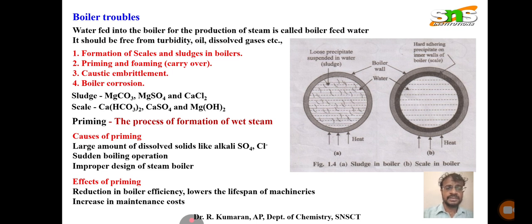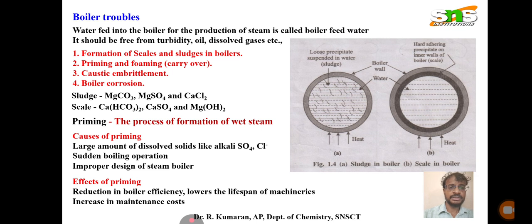So the issues are formation of scales and sludge in the boiler, priming and foaming, caustic embrittlement, and corrosion. These are the basic fundamental issues in the production of steam in a boiler.